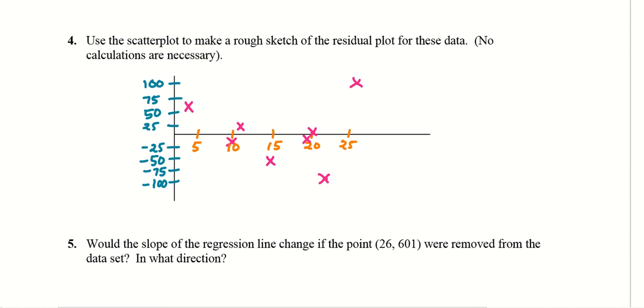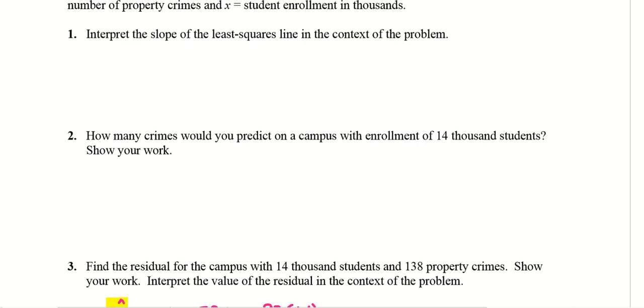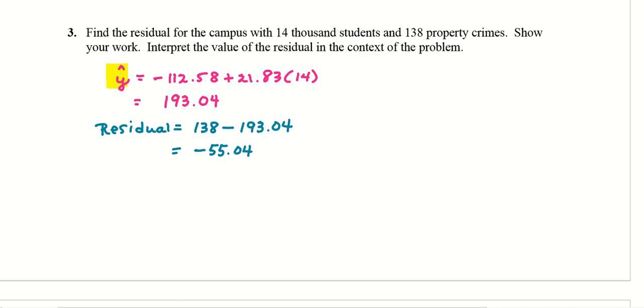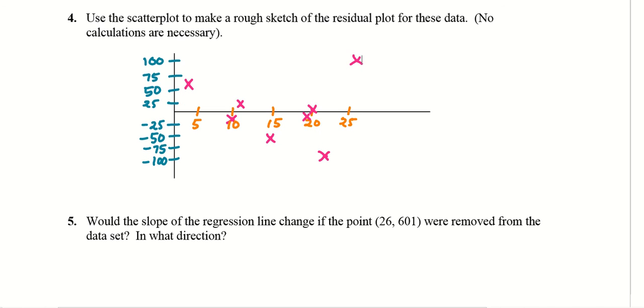Now that took far too long for me to explain, but the concept is pretty simple. Your horizontal axis remains the same. Your vertical axis is roughly referring to how much you're off by, and that dictates your scale. My smallest difference was about 0. My biggest difference was somewhere around 100. So that's why I gave myself a scale of negative to positive 100.